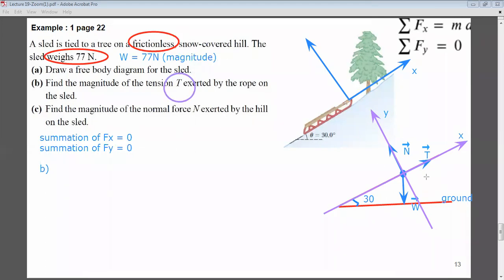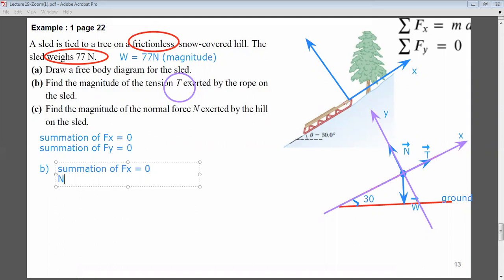I come to my free body diagram. Okay. The tension, on which axis is it? On the x-axis or on the y-axis? It is on the x-axis. So which equation do I have to use? Summation of Fx equal to 0 or summation of Fy equal to 0? I have to use summation of Fx equal to 0. Now, what are the x components? I have three forces.